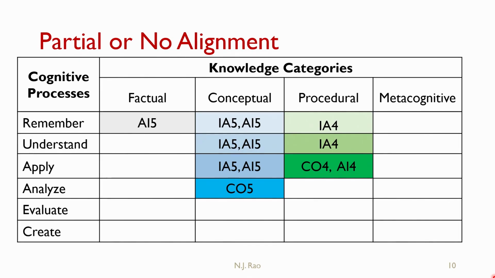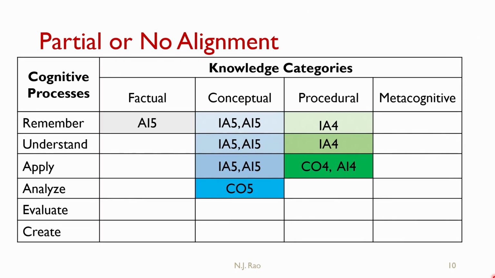IA5, AI5 can be in the 1 and 2 or 2 and 2 or 3 and 2. But you will notice that there is no AI5 in the cell 4(2).